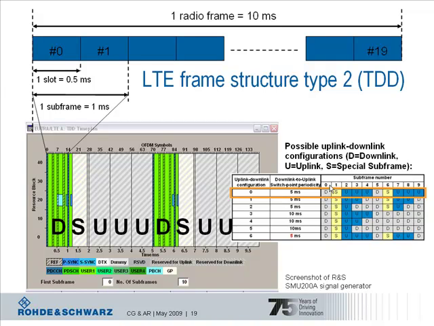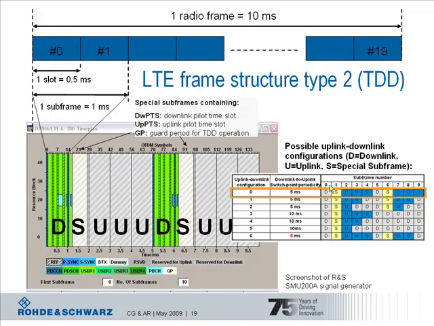The special subframe is actually carrying a downlink pilot time slot, a DwPTS, an uplink pilot time slot, a UpPTS, and a guard period. The guard period is for TDD operation to switch from downlink to uplink. So downlink and uplink pilot time slots are used for regular data transmission as well, but they are just shorter because this special subframe has a specific configuration.